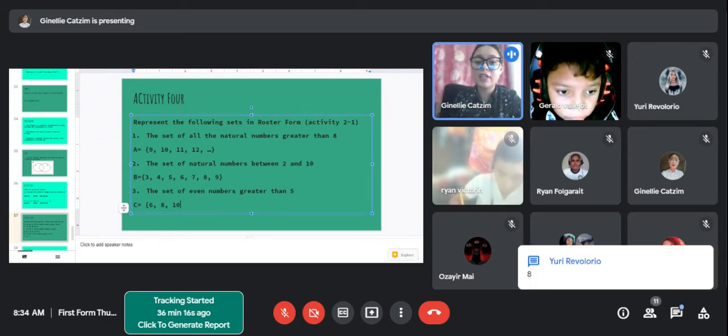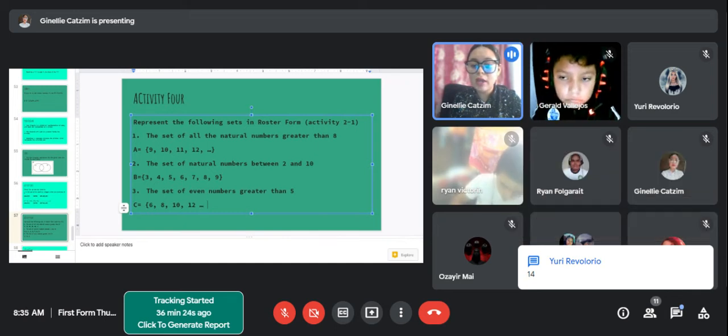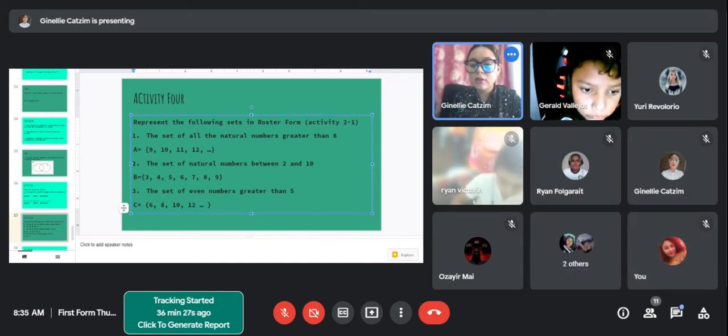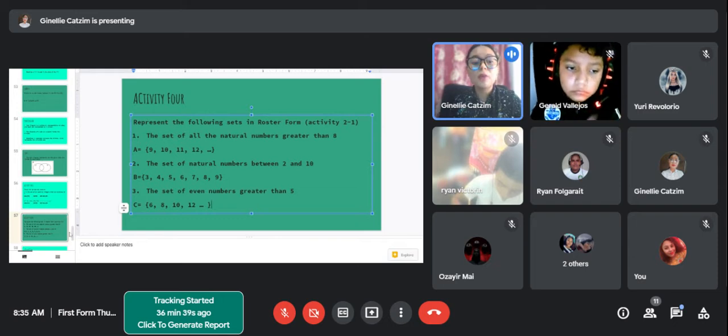We then have 10, 12, very good, Yuri. And then we finish it with our dots. Why? Because we don't have a limit, right? This is the set of even numbers greater than 5. Because this set doesn't have an end, we put our three dots and finish our set there.